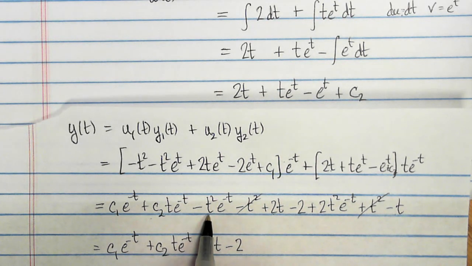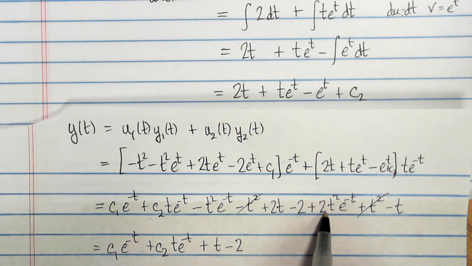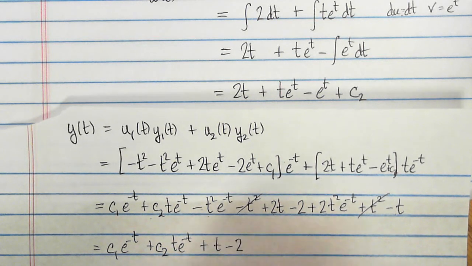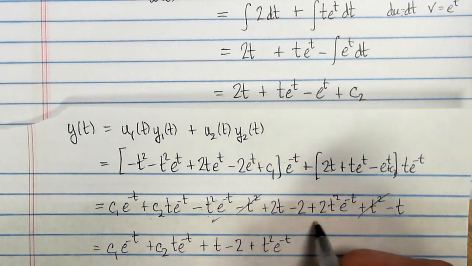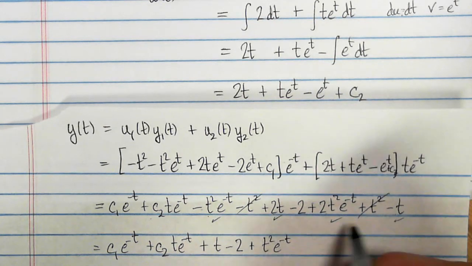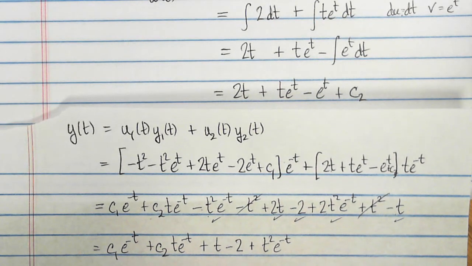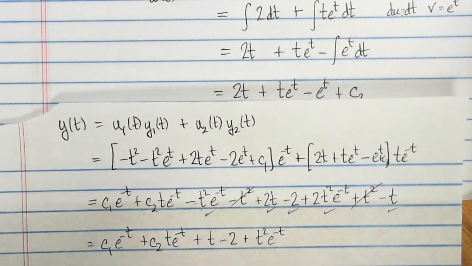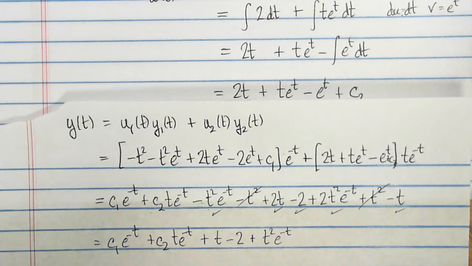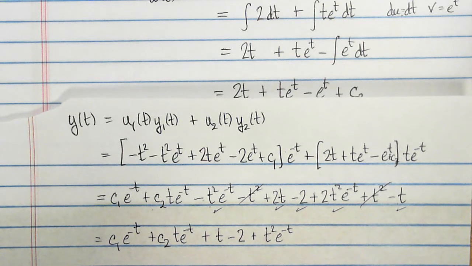Over here I have 2t squared e to the minus t minus t squared e to the minus t gives me plus t squared e to the minus t. So that took care of those two. I've done those two. I've done that. And I believe those are all the terms. And that should match the solution that I had earlier. So once again, variation of parameters works. However, it just usually produces a lot more work than using the technique of method of undetermined coefficients.